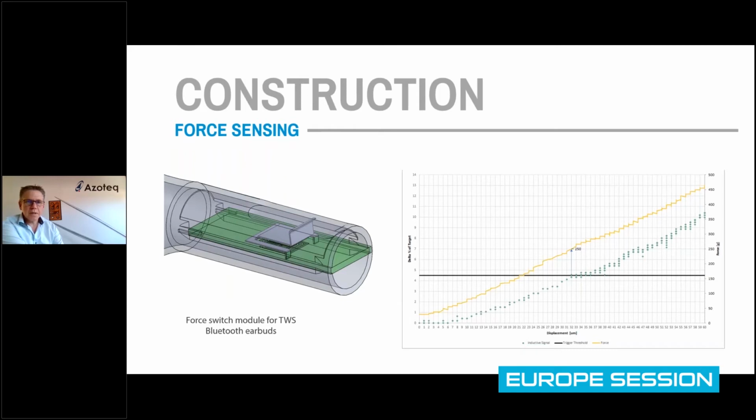So if the inductance of the coil is changed, then the amount of current flowing through the coil will change. So we are measuring a change in current through the coil, and from that we derive that the inductance of the coil has changed.